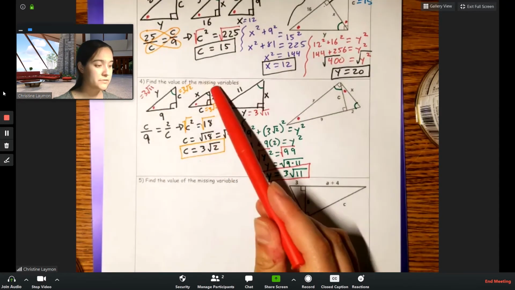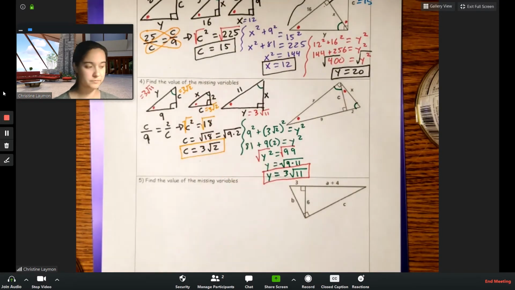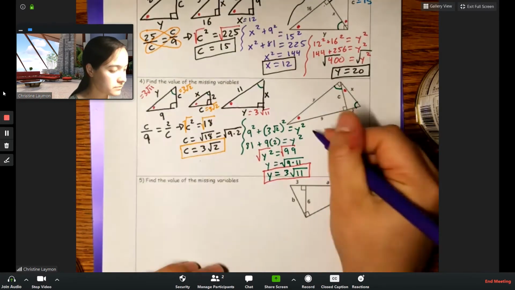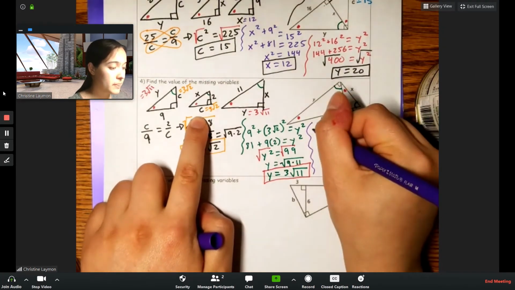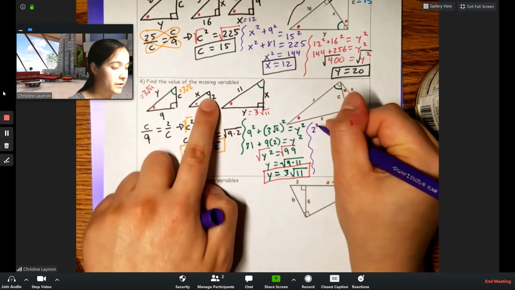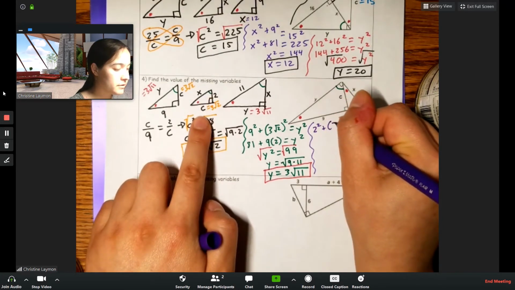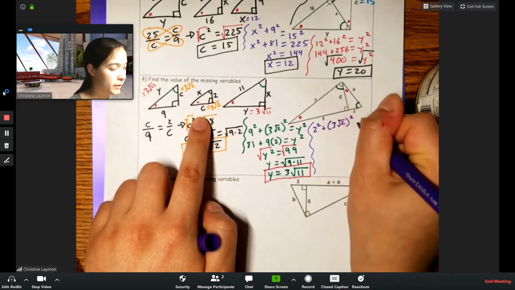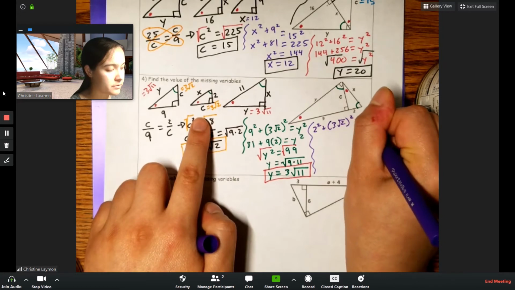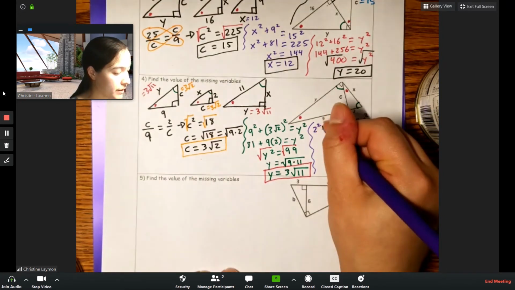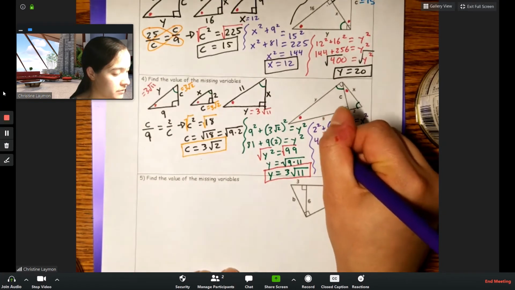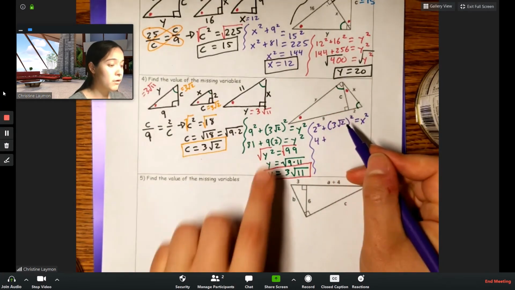Let's go ahead and use this pattern right here. So using this one here, I'm going to have 2 squared plus 3 root 2 squared equals x squared. Just like that. 2 squared, that's 4. 3 root 2 squared, well, we already did that.